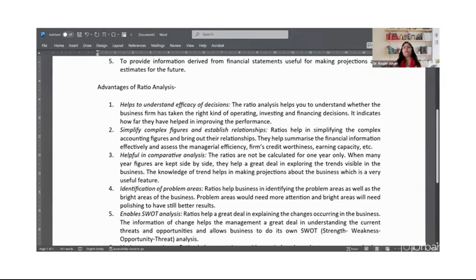What kind of operations are going on, where the company is investing, and how much is the prospective profit the company is going to have in those areas of investment and the financial decisions. So overall, this is an indicator which helps in finding out performance improvement in the company.